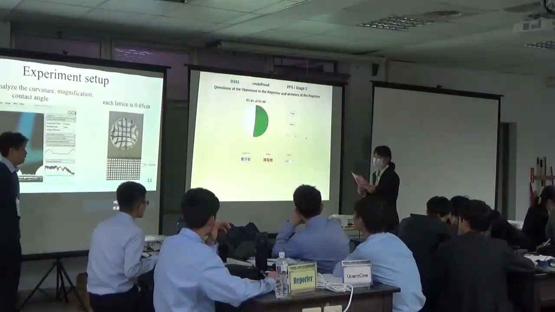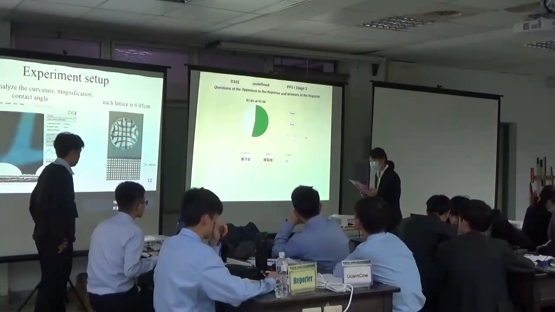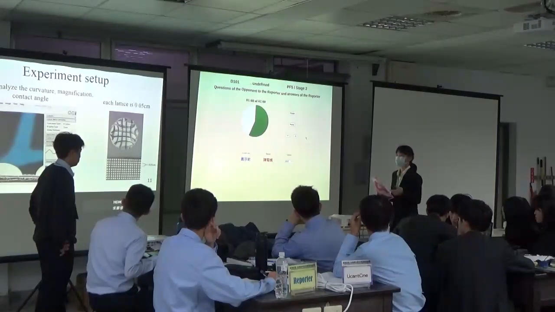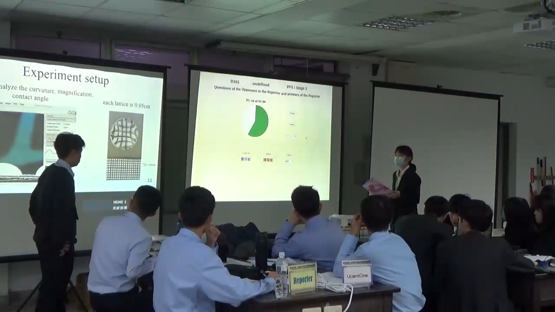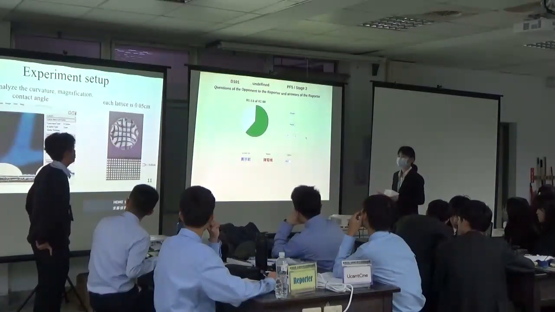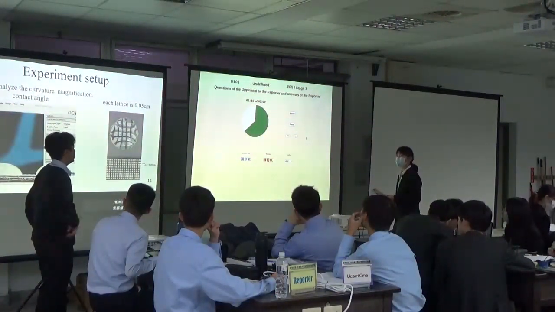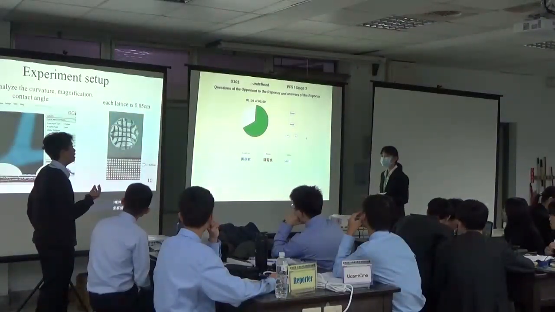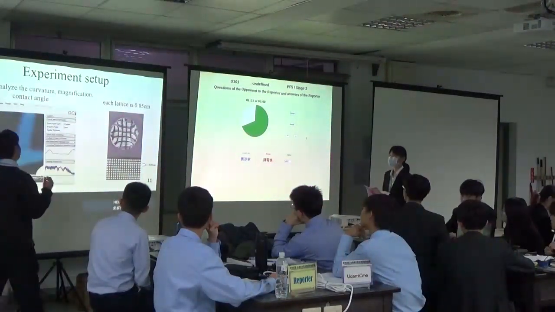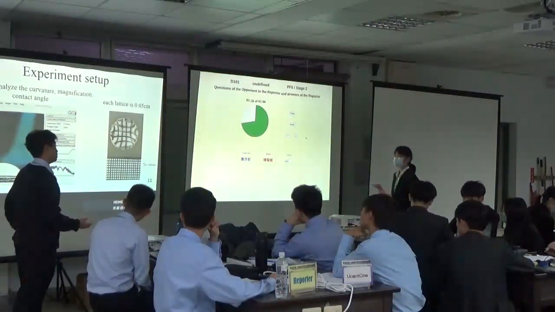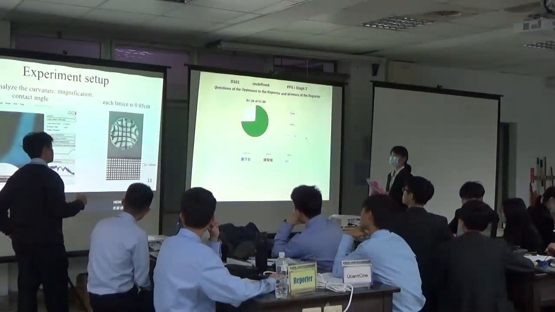But you say you didn't control the thickness, so your curvature will also change in each experiment. You mean the curvature will change in my experiment? Yeah, because you didn't control the thickness. Because curvature is our independent variable, so we want to change the curvature.